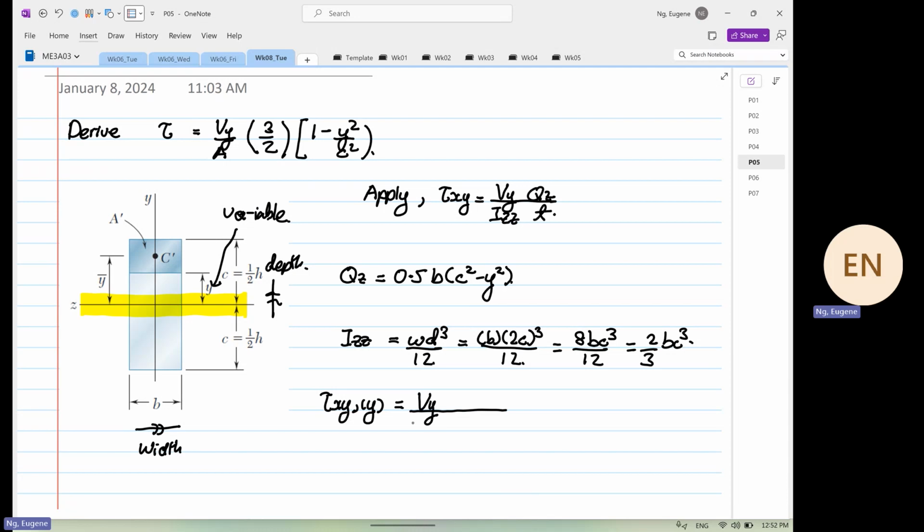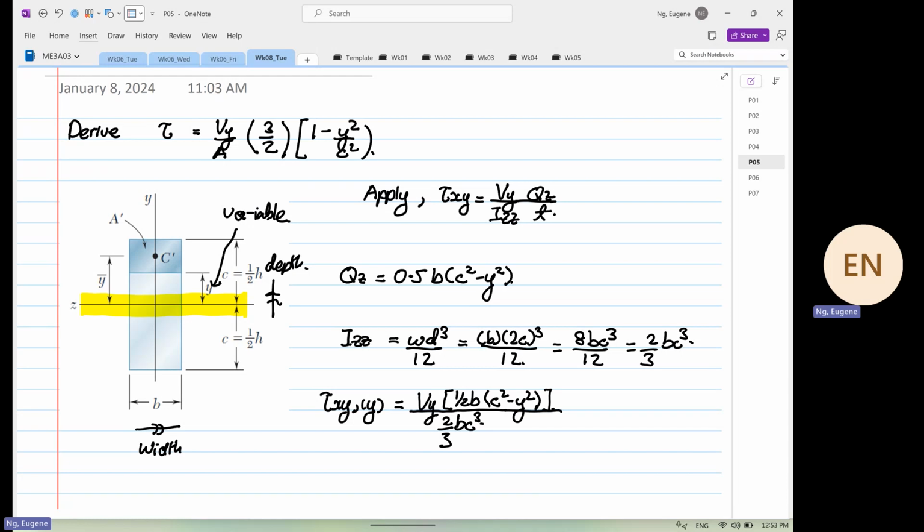Izz is 2 over 3 BC cube. And then our QZ, we can write as half B, C squared minus Y squared. And then this over here.